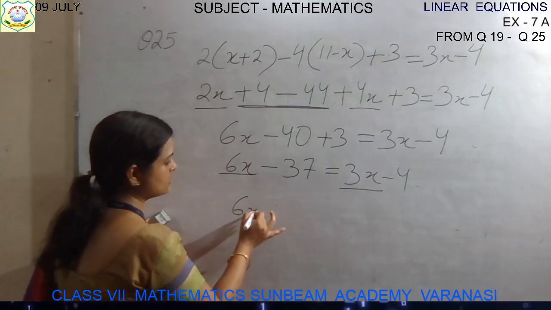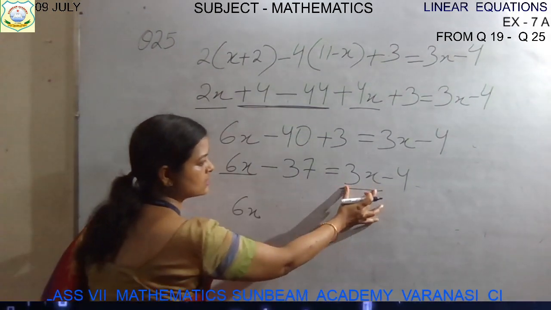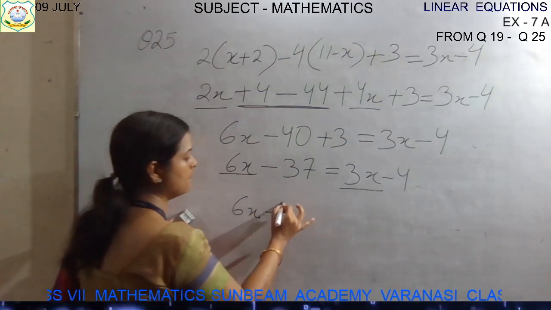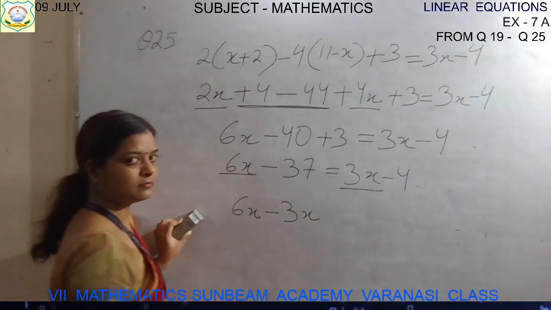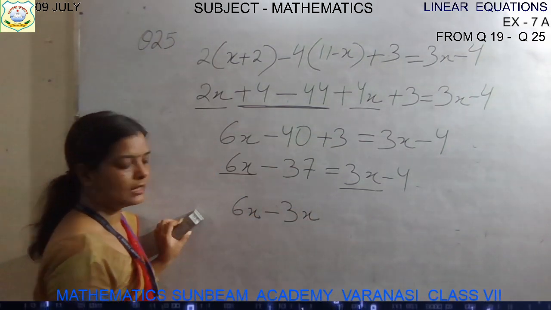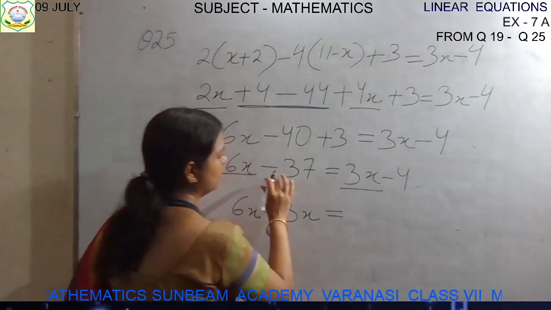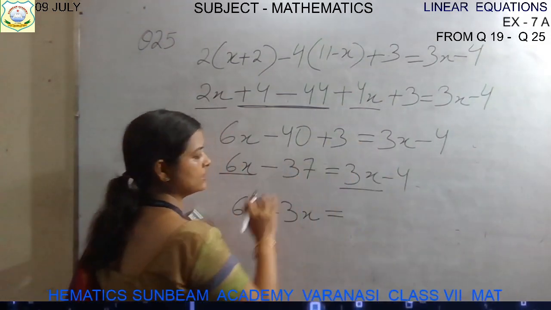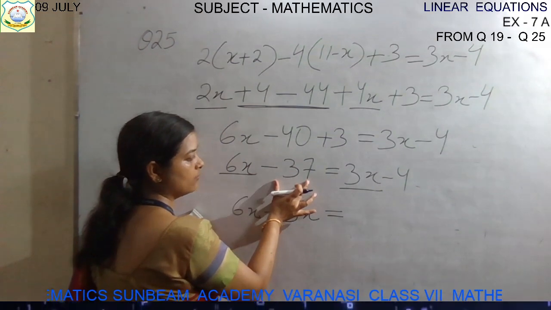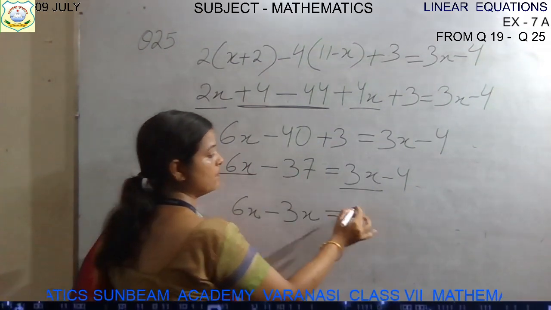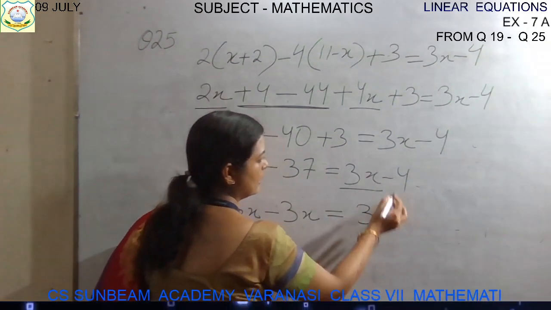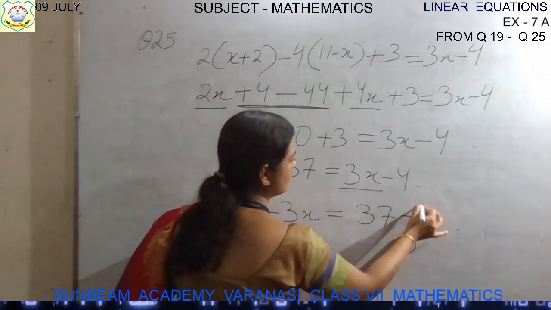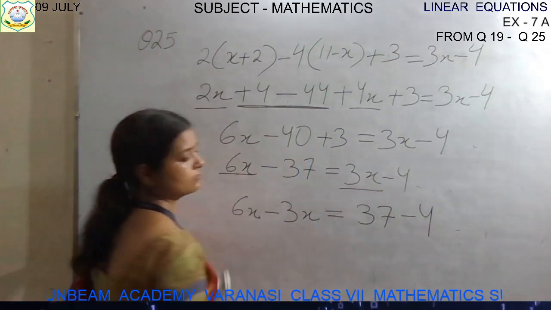So 6x is already here. When 3x is transposed to this side, it will become minus 3x. And when 37 is transposed to the other side, it is negative, it will become positive 37. And minus 4 is already here, so keep minus 4.